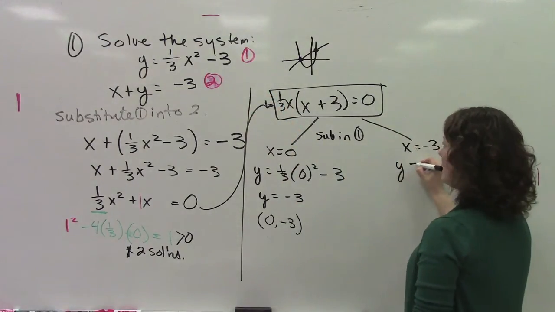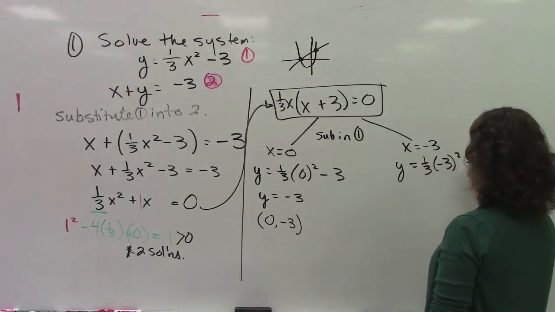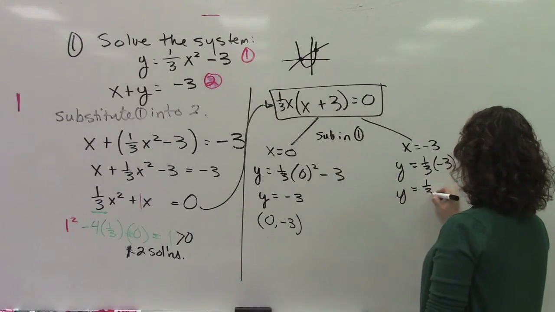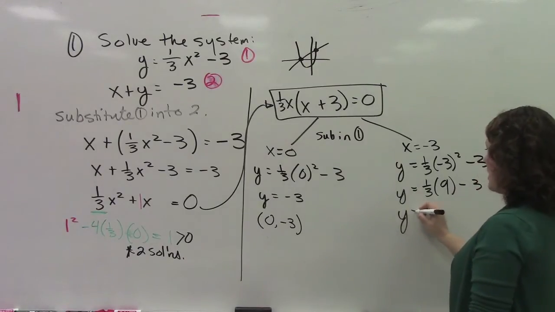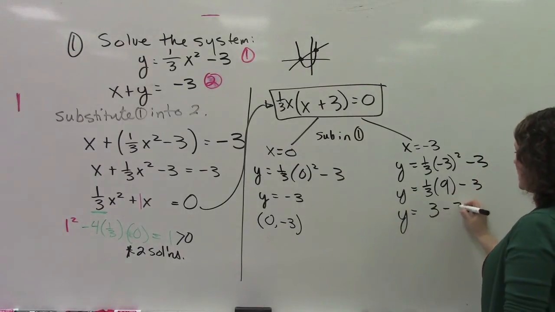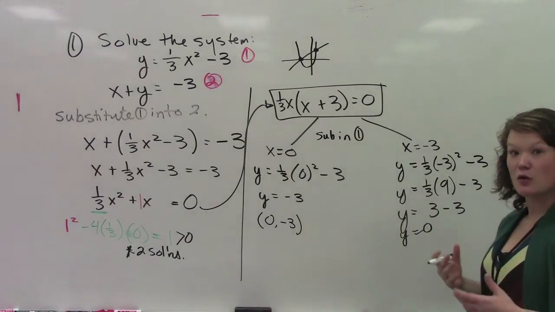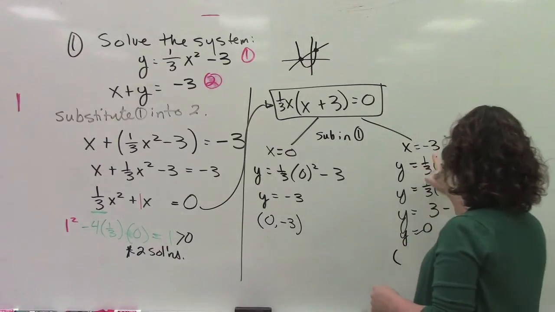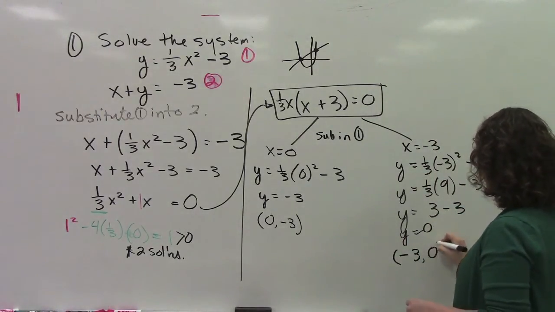So y equals 1/3 times -3 squared minus 3. Y equals 1/3 times 9 minus 3. Y equals 3 minus 3. Y equals 0. So the coordinates of my second solution is my x value, -3, comma, my y value, 0.